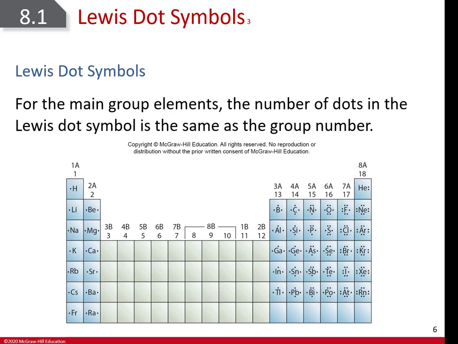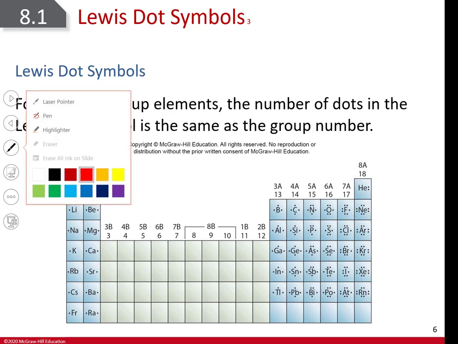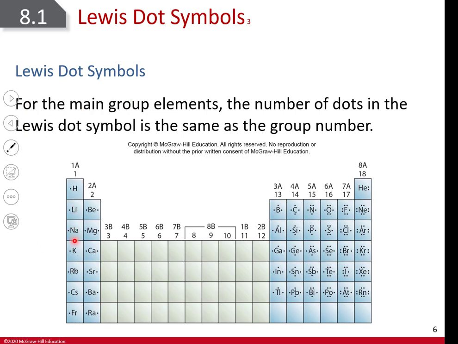So, for example, everything here in group 1, let me get my laser pointer here, has one valence electron, so they're all going to have one dot. Everything in group 2 has two valence electrons, so it will have two dots. Notice we didn't put them on the same side.